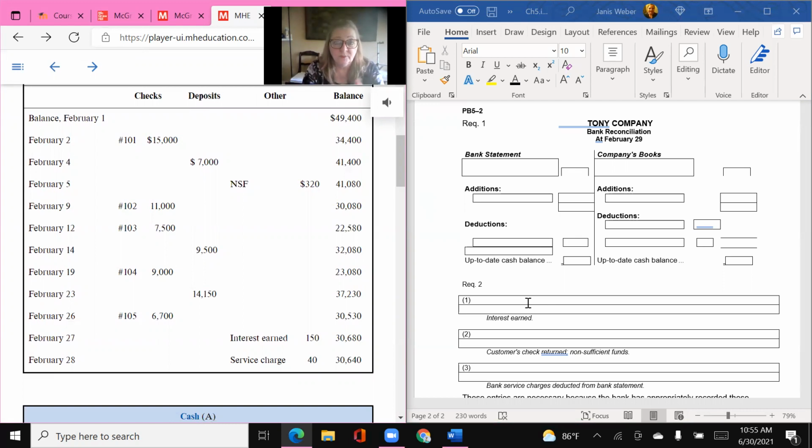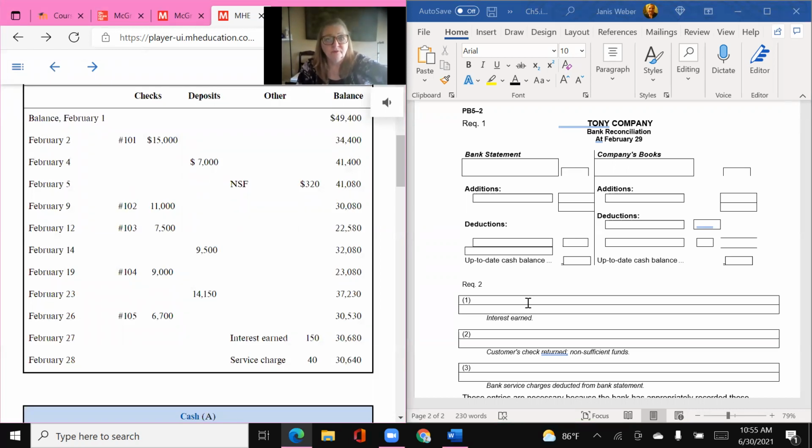In other words, a check we deposited that bounced back, it was not good. The customer didn't have money for it. And then an interest earned that the bank is giving us at the end of the month, and then the service charge the bank is charging us at the end of the month. So all these things will be used to reconcile the book side and the bank side.